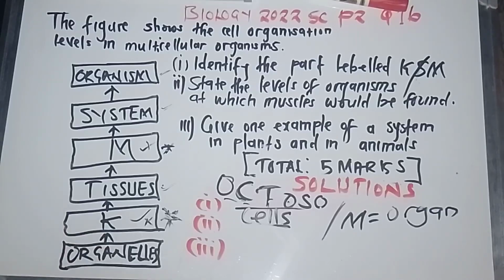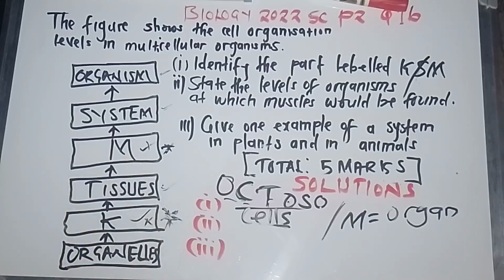And in case you are told to give some examples of organs in any human body, just think of your heart, just think of your brain, just think of your kidneys and other things. There are many things such as the liver. That is an organ. So those are organs. I hope you are getting it. So that is how simple question 1 was.